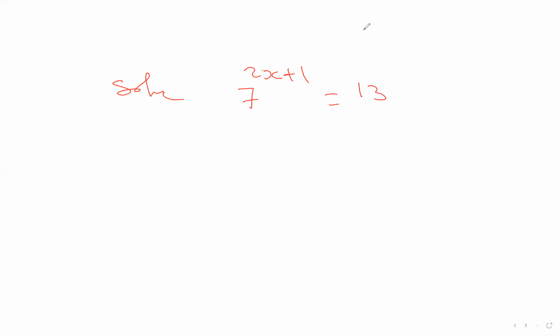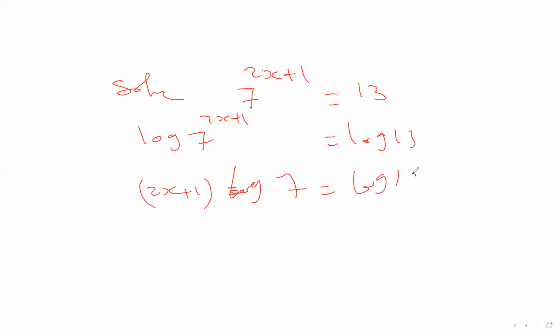Okay. We will take the log of the two sides. Log 7 to the power of 2x plus 1 equals log 13. Put the exponent as a product, by the properties of logarithms: the number times the log. It will be 2x plus 1 times log 7 equals log 13.